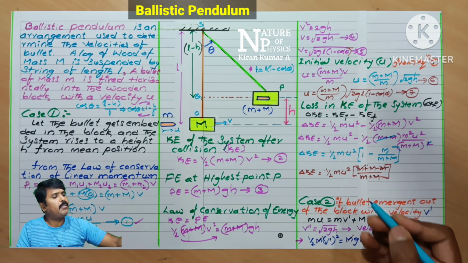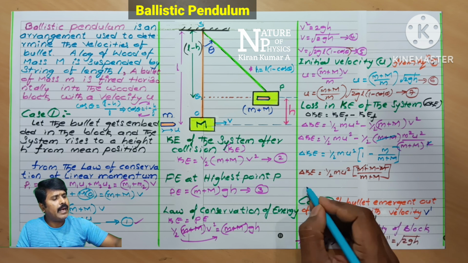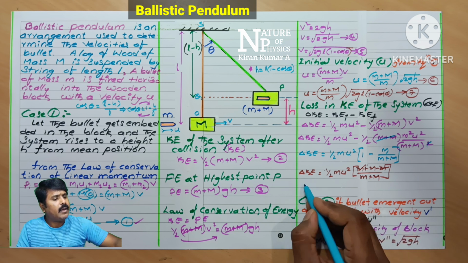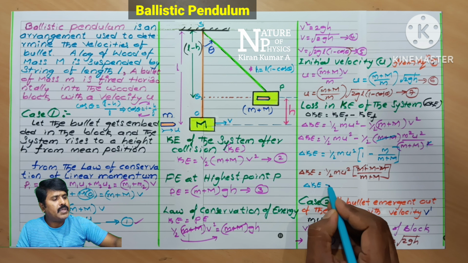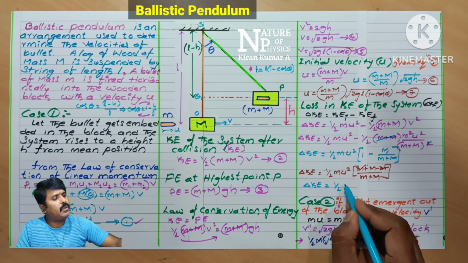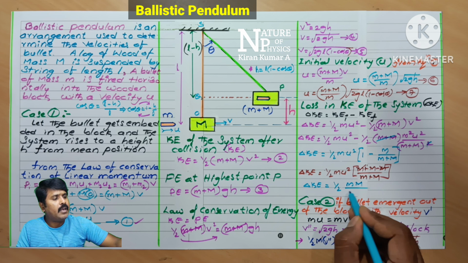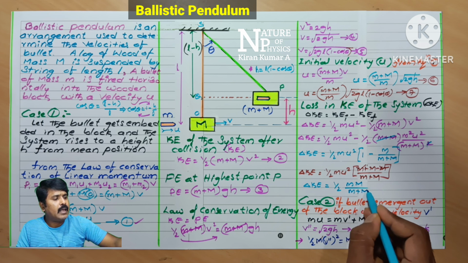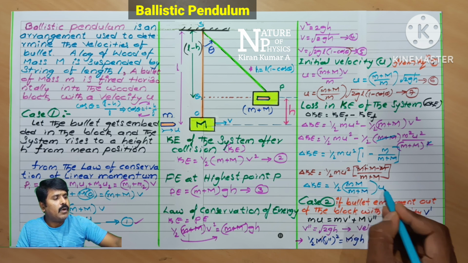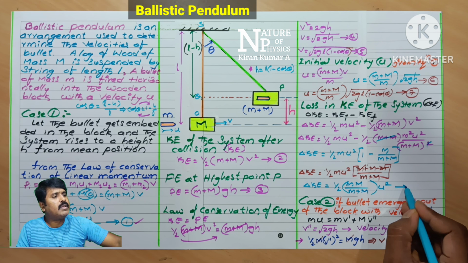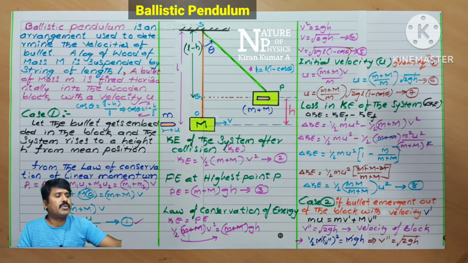So finally I get the loss in kinetic energy, delta KE, equal to half into small m capital M in the numerator, and the denominator is (m plus M), into u square. I can write this as equation number 8.